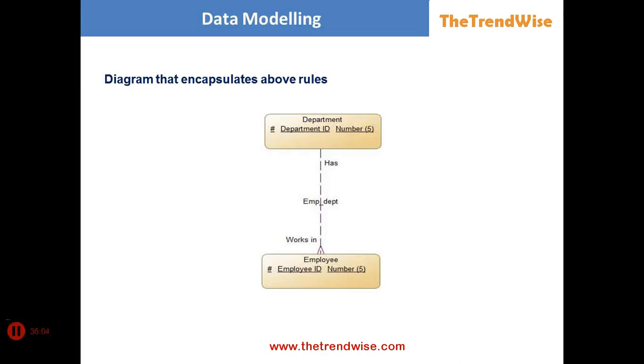Because we do not have the triangle, it denotes the single instance of that entity. It is denoting the one side. So we will say employee works in one department. And on the reverse side, we will say department has multiple employees. Okay, that's a very simple representation of an entity and the relationship between them.